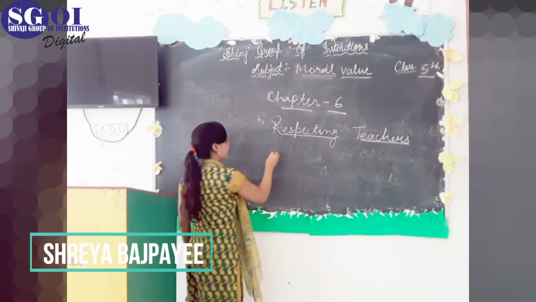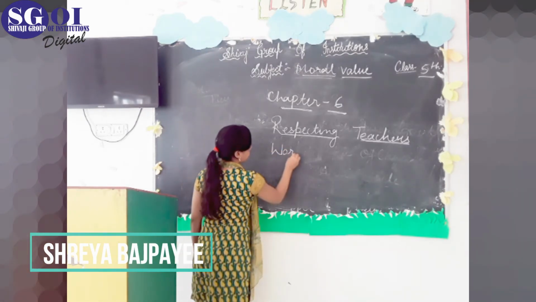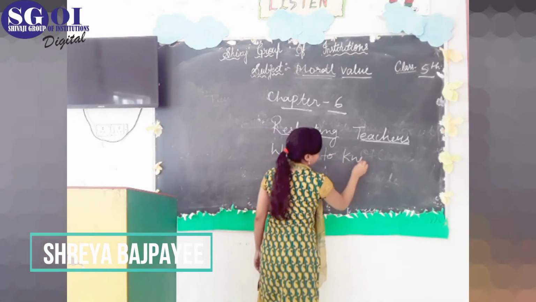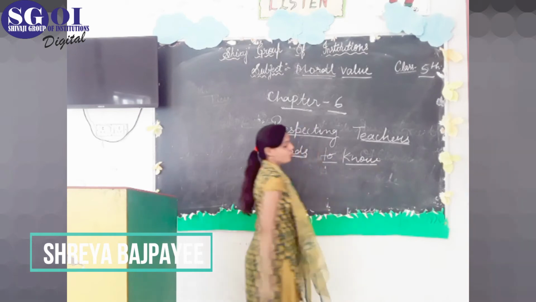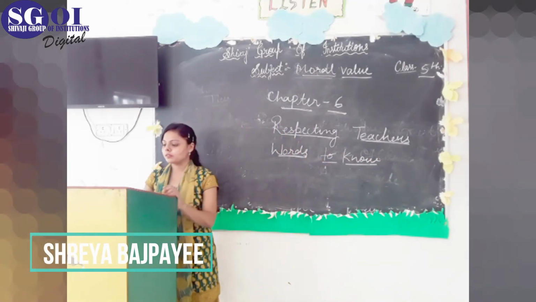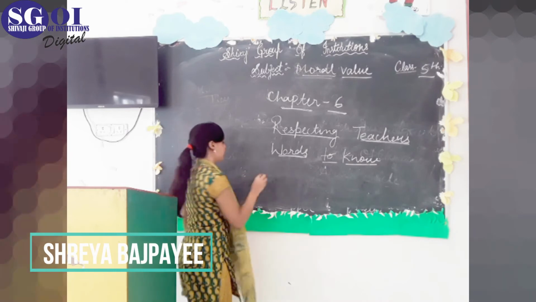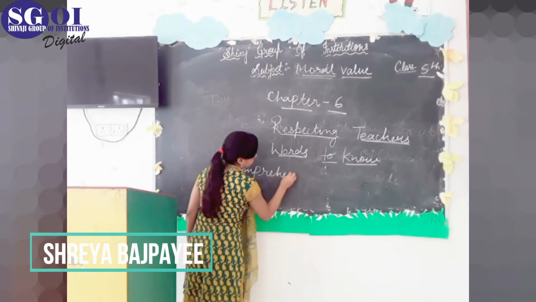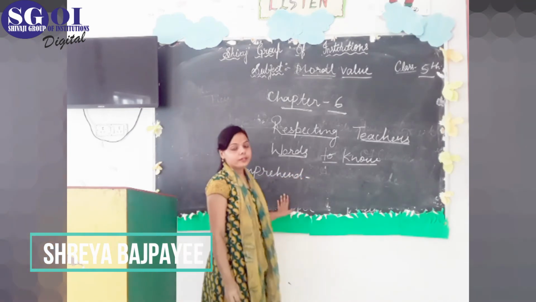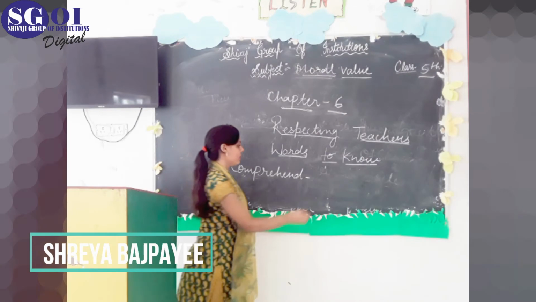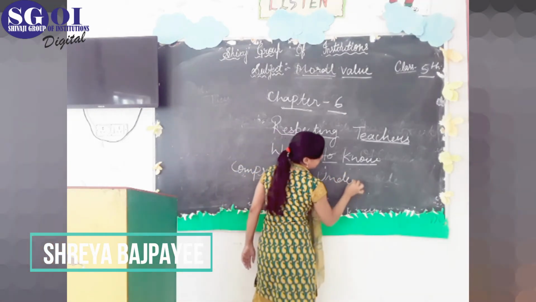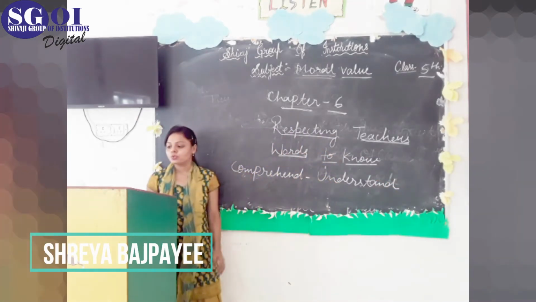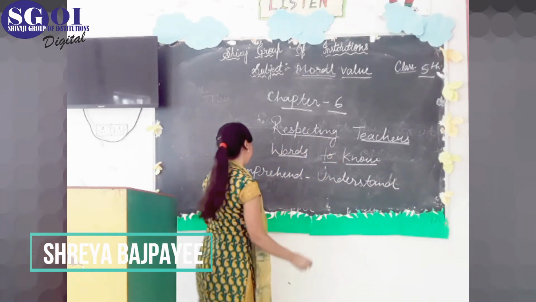Words to know. Now the first meaning is comprehend. Comprehend means understand. Are you clear? Next is wisdom.